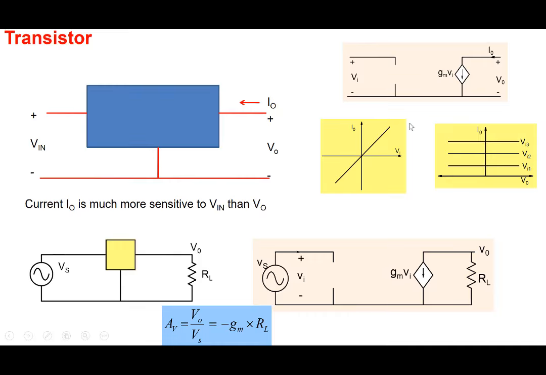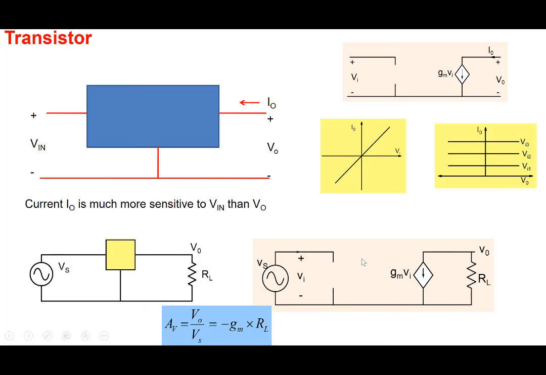And once you have this ideal transistor, it's very easy to construct an amplifier. All you need to do is connect the source, the signal that you want to be amplified, and connect a load here. And we had seen that it's easy to analyze. You can remove this three-terminal device and instead put this particular model here.